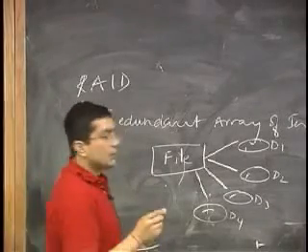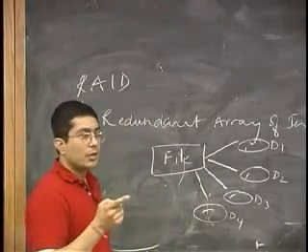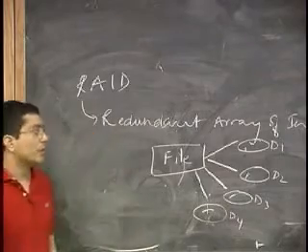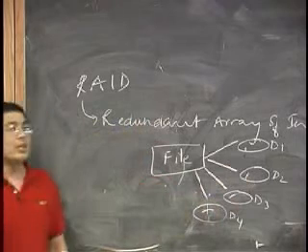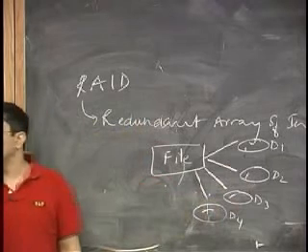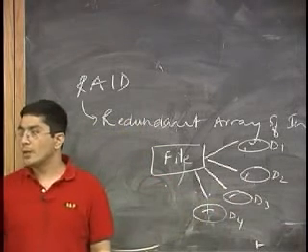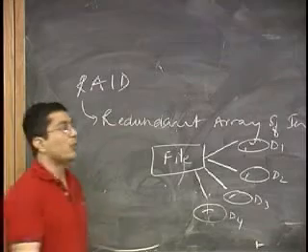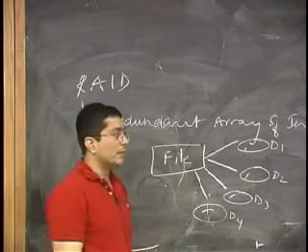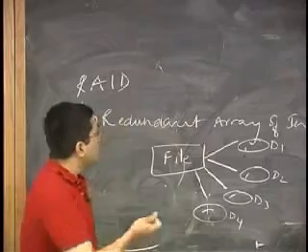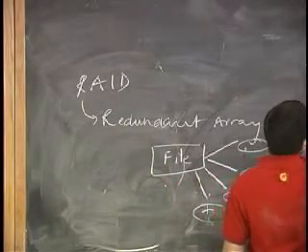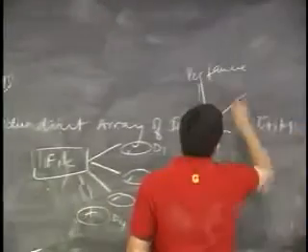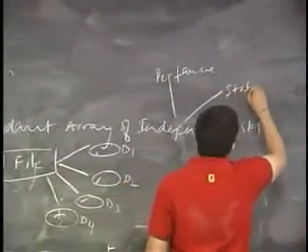So, about failure. The moment you put in 4 disk drives, you increase the probability of any of them failing, because now there is a much higher probability that one of these 4 will fail. So you have to strike a balance between performance and stability.